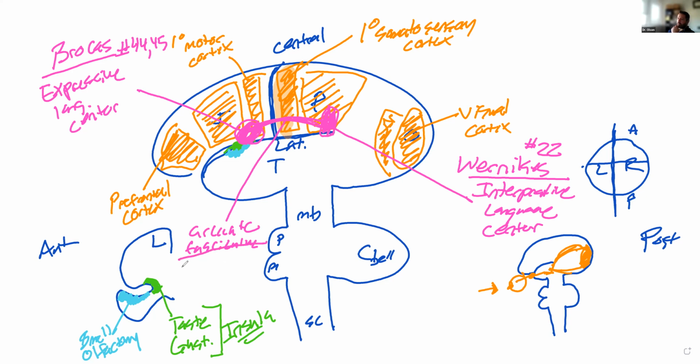Oops, I'm going to cross that out and do more of an underlining here. So the arcuate fasciculus is a communication between the two. And if you have a lesion there, so if you have a brain infarct or a lesion that cuts the communication between these two centers, we have something called global aphasia.